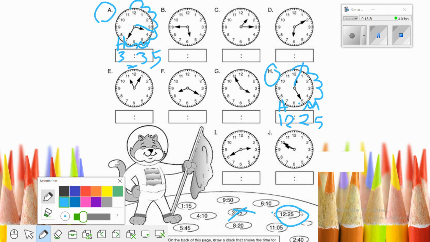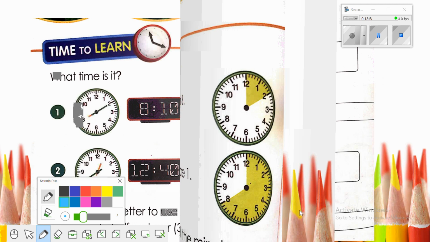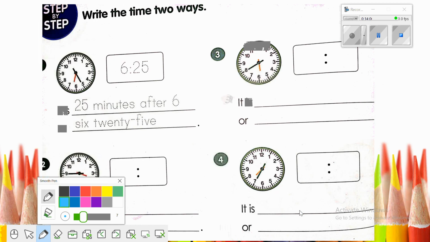So the digit form, it's so easy. It's just writing HM, H for hour, and skip counting by 5 or using the multiple of 5 to find the answer for the minutes. But which is harder, that you have to use the analog form using past or to. Let's go to the book now.